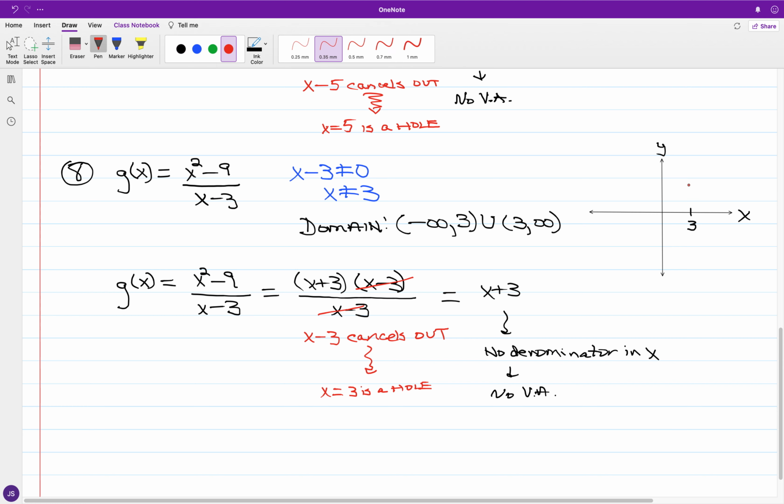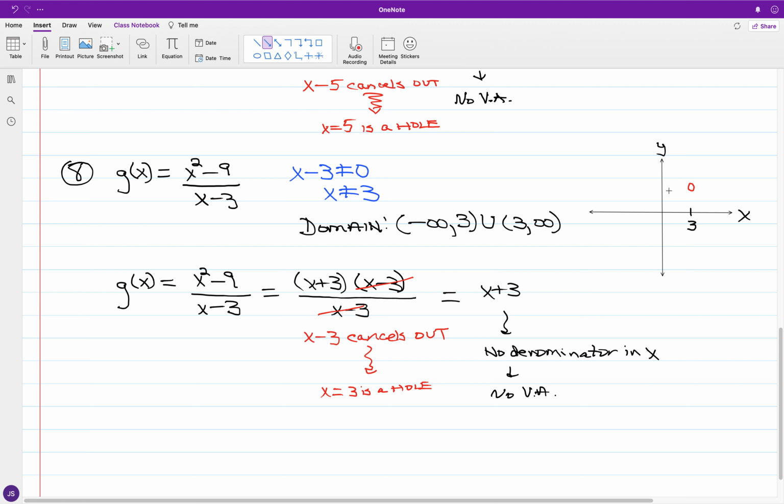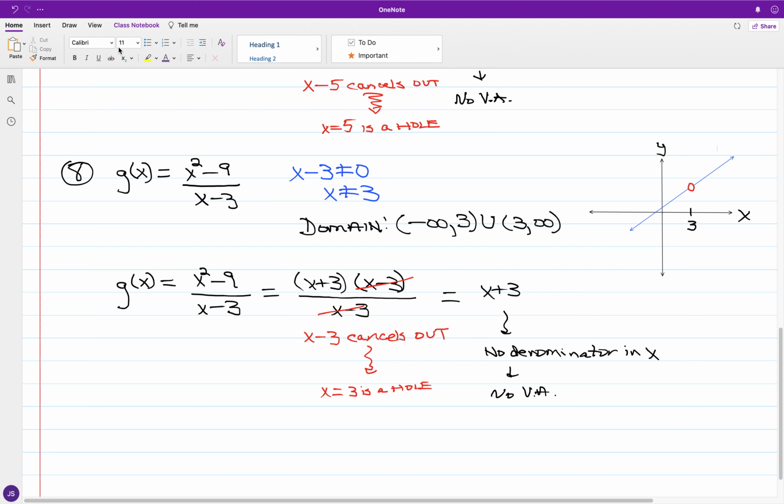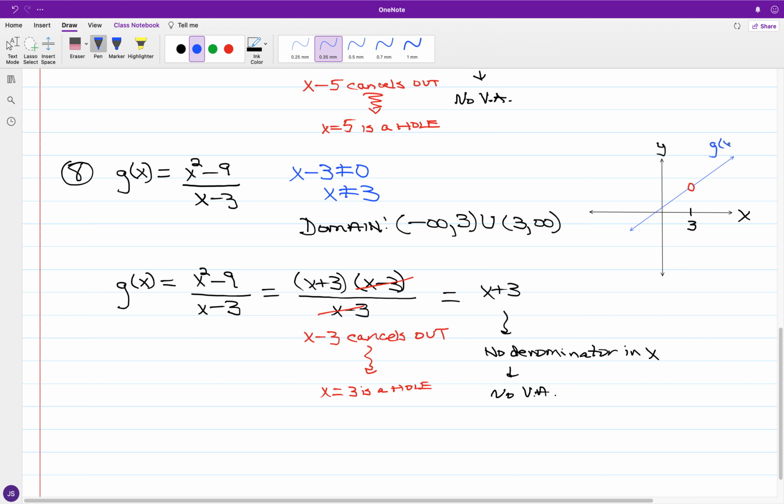Again, just like 5 earlier, we have a hole located at x is equal to 3. So this will be the dynamic case. We do have a hole, once again, at x is equal to 3.